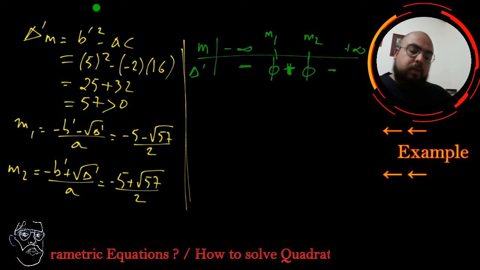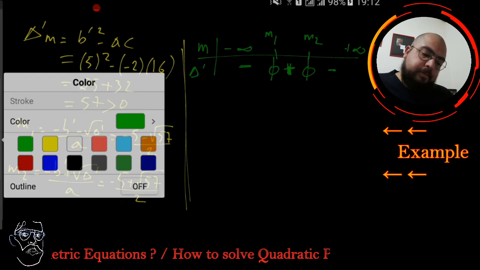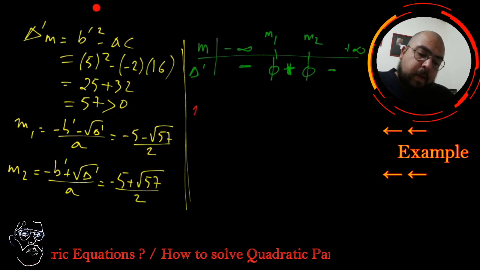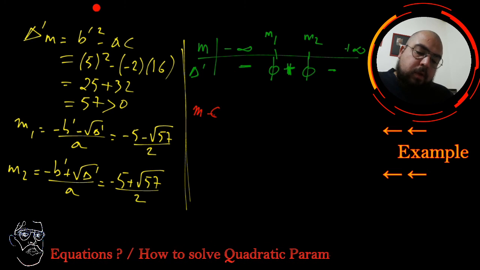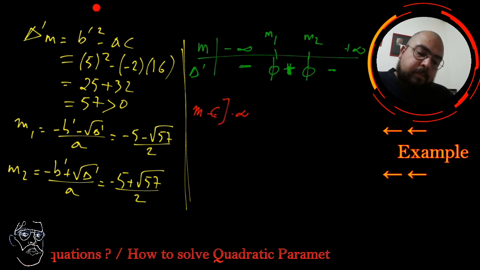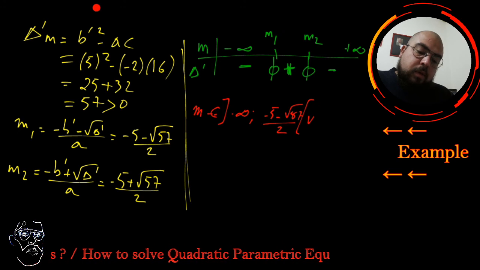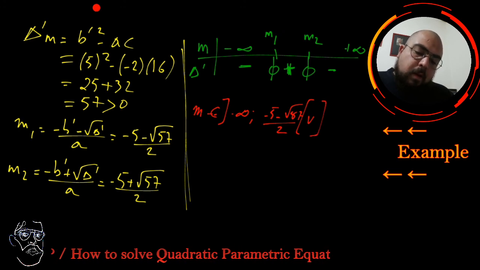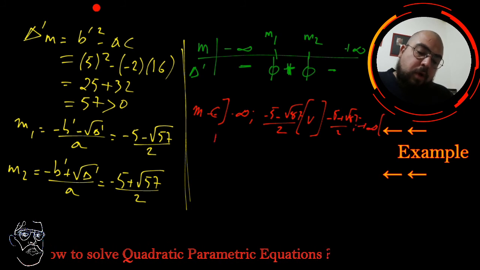Once you have done this, you can also say that your equation will have no real roots for m which belongs to the interval minus infinity to minus 5 minus square root of 57 over 2, union minus 5 plus square root of 57 over 2 until plus infinity.